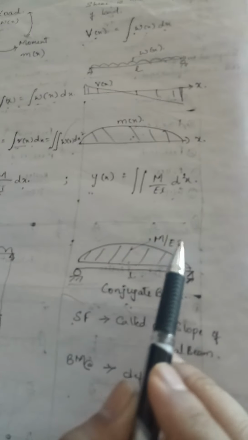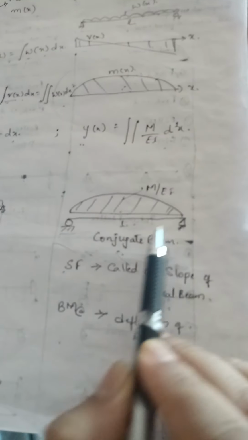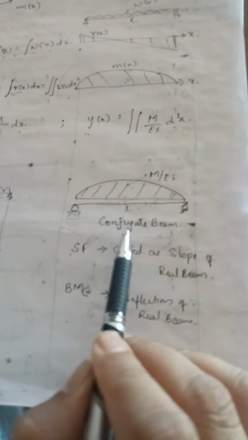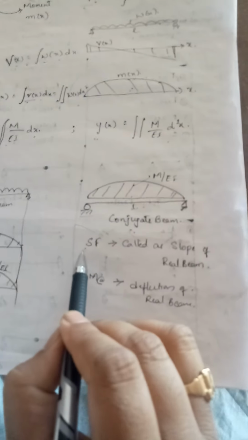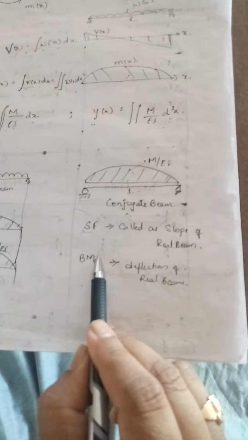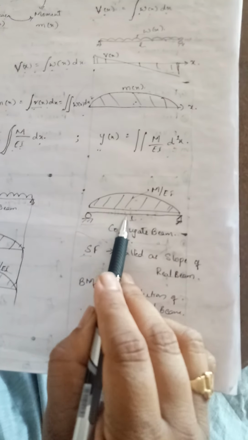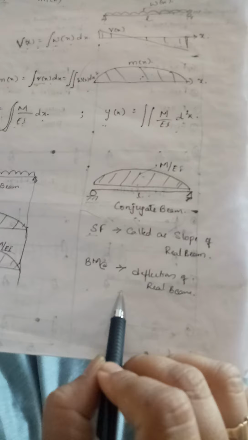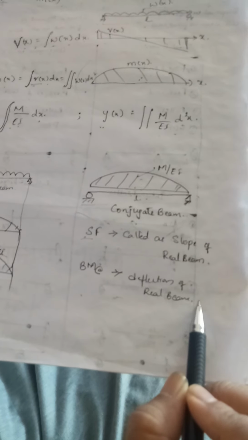Now the M by EI diagram is there as a load case on the conjugate beam. You need to find the shear force for this conjugate beam and the bending moment at the point where we want the deflection of the real beam. Now I go back to this.